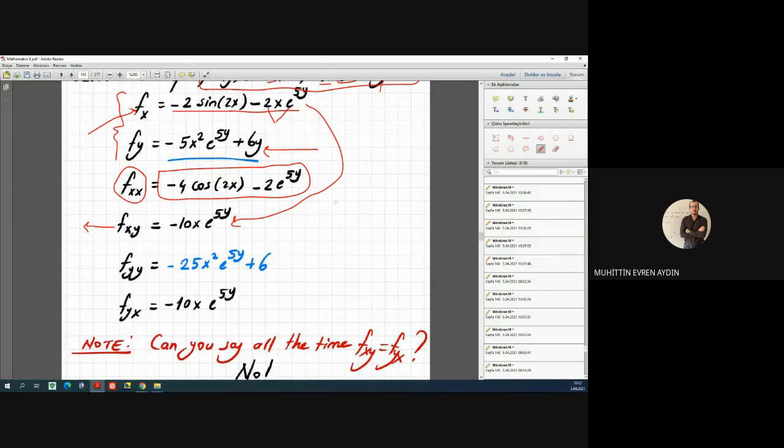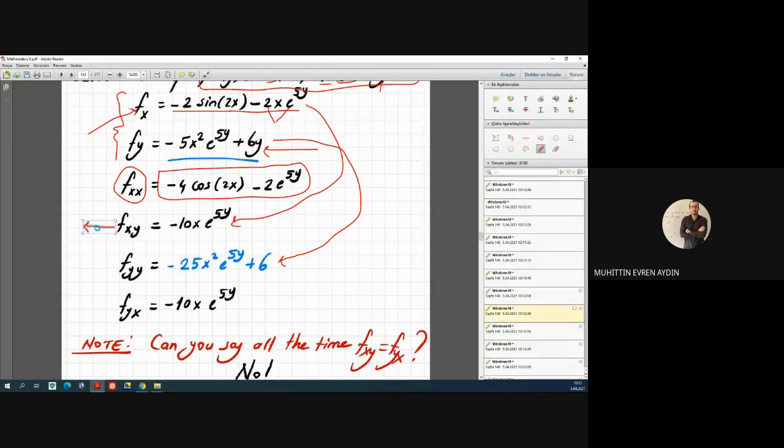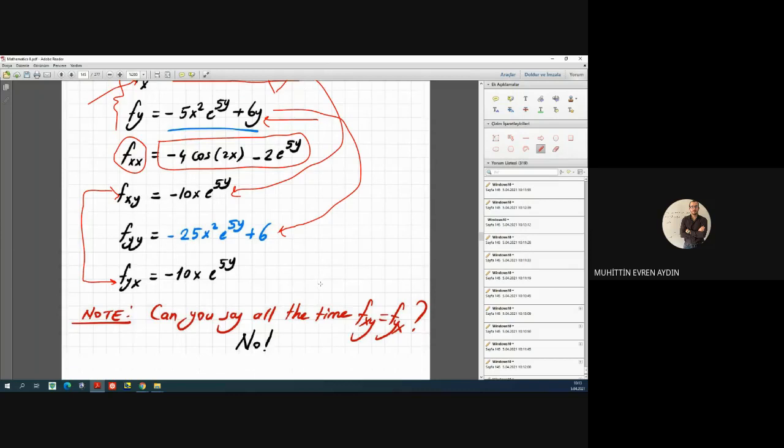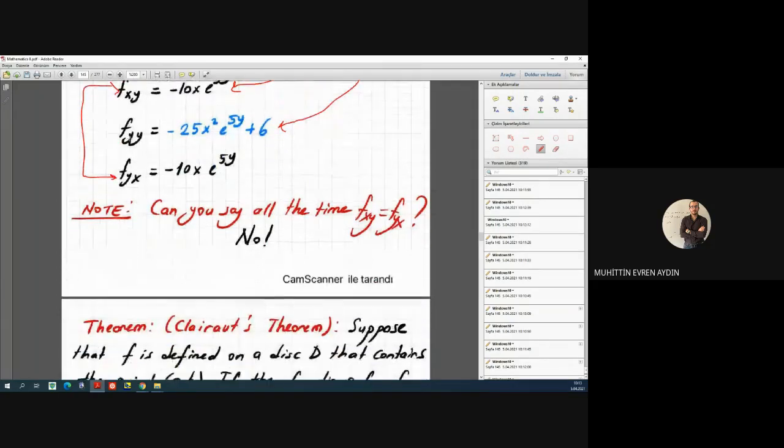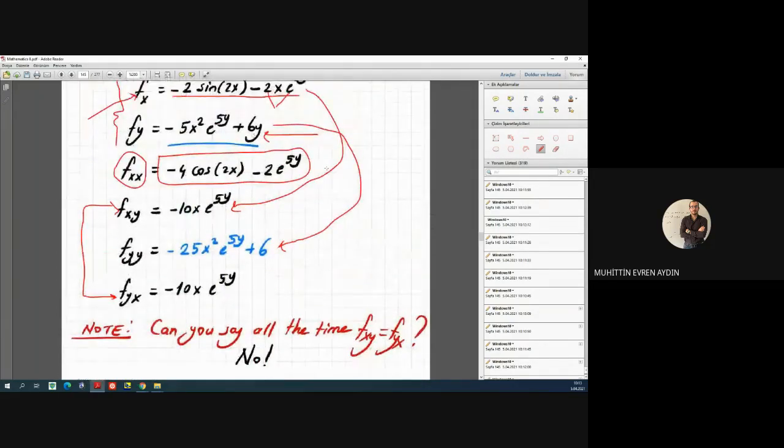Of course, we apply some derivative rules that you know already. And for this, we have another second order derivative. And you may see these are equal, but of course, specifically in this example.